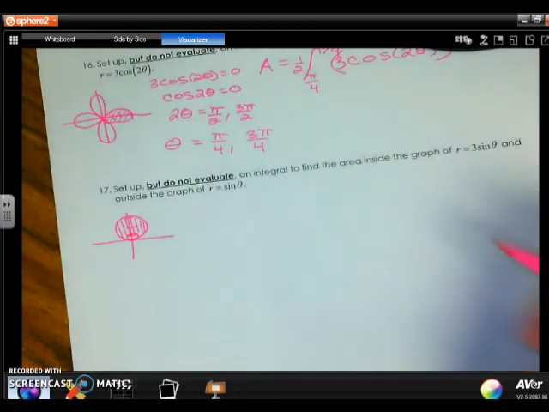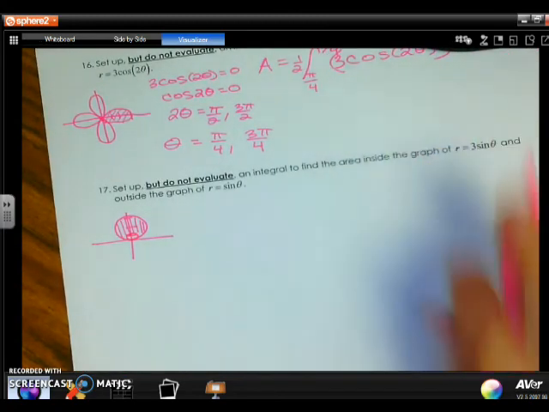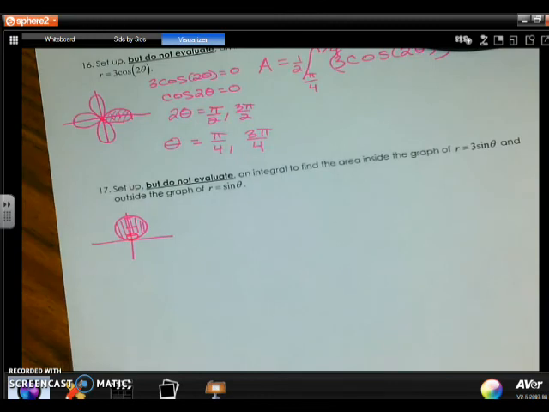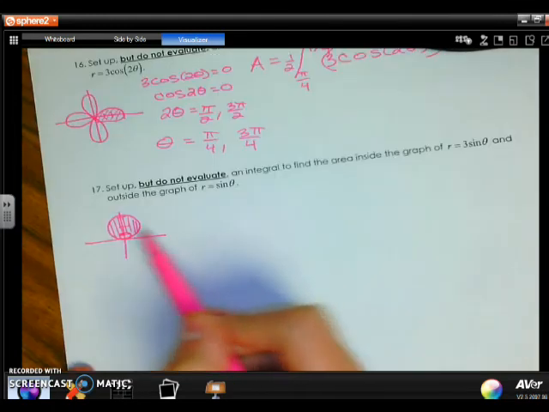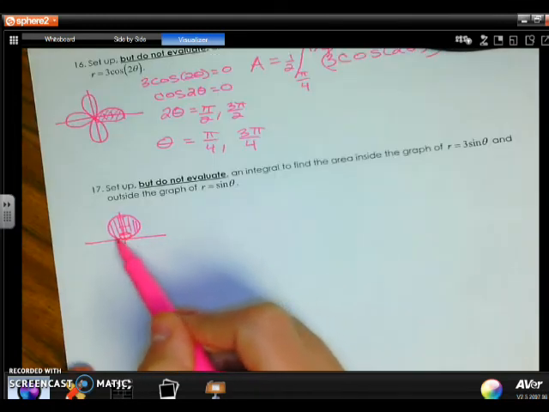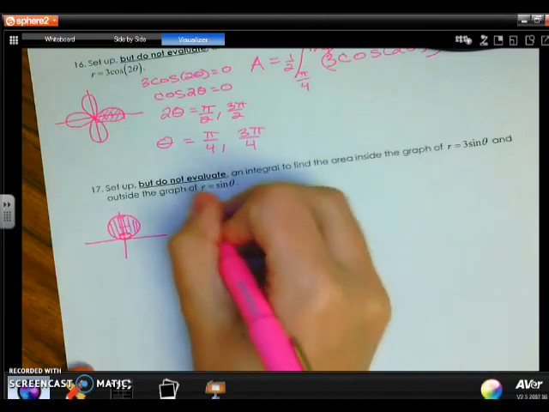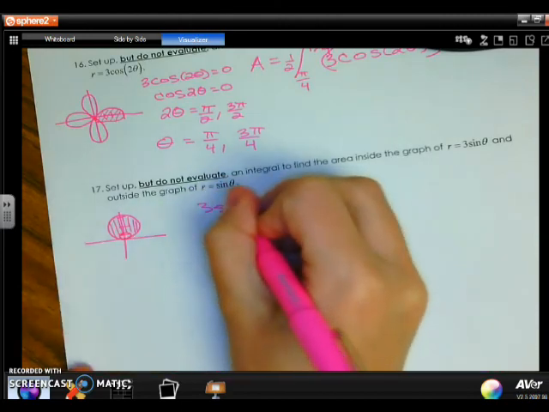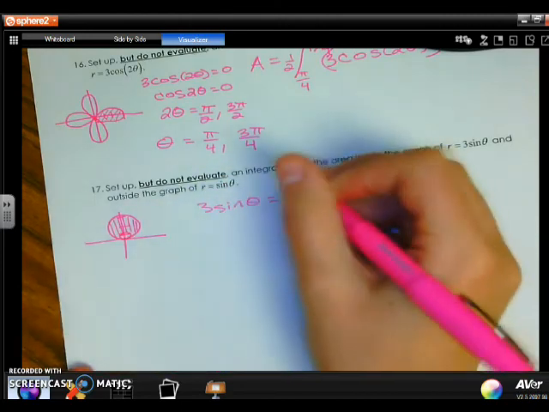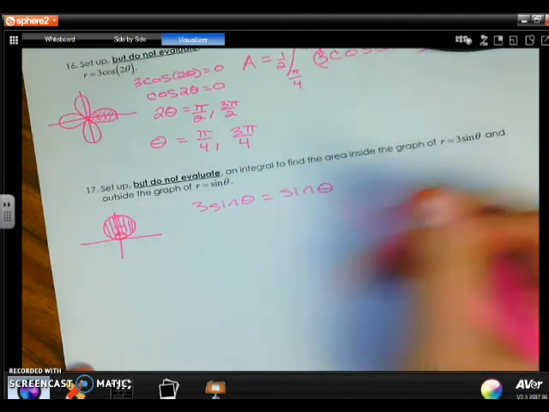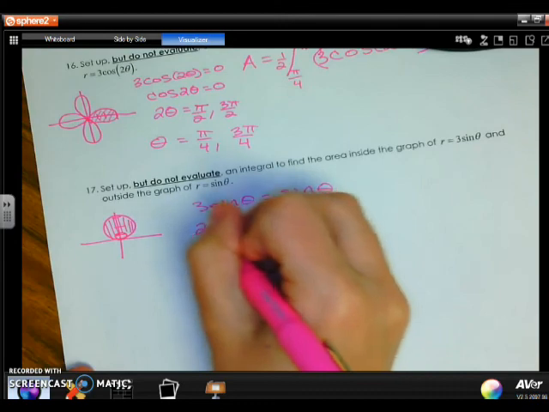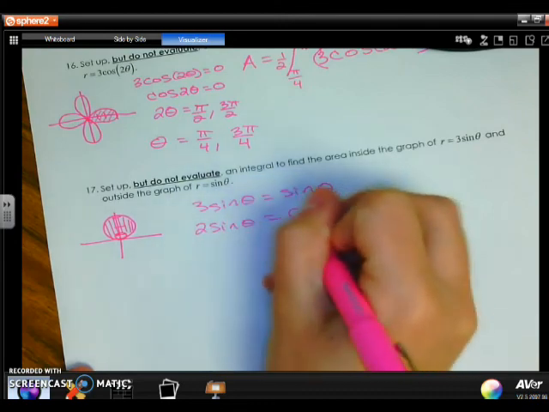All right, so we know that we're going to have to set up an integral, and we're going to have to figure out what our bounds of integration are. To find those bounds, we want to figure out where they equal each other, where they're touching. So we're going to set these two things equal to each other. If I move this over, I just have 2 of those, and it equals 0.